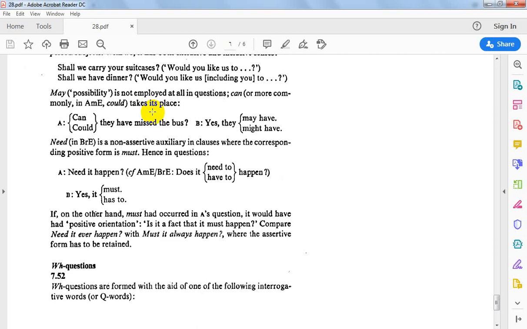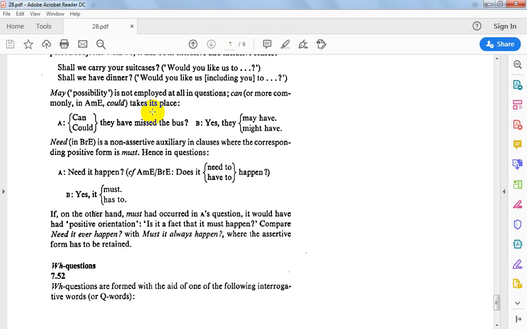Yeah. Say, shall we carry your suitcase? My question now has we. Shall we carry your suitcase? Would you like us to carry your suitcase? Now this is exclusive, as if it excludes the listener, it is us and our group.